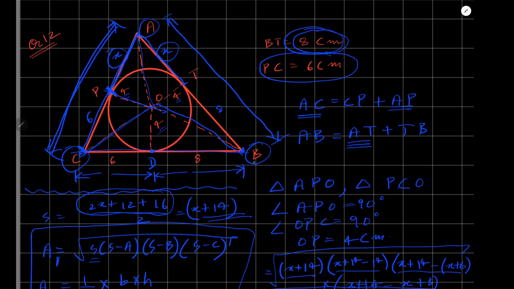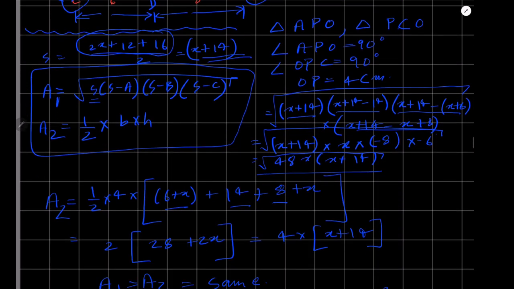One is AB, and then the height is OT, isn't it? So half AB into OT. Then for this triangle, half of CB into OD, that is again radius. And then for the third time, again we can use AC as a base. So putting all those things together, we get this expression.